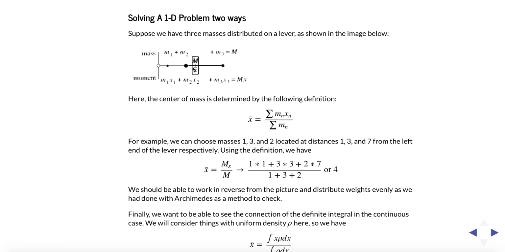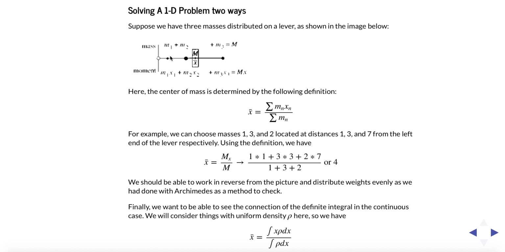So if we have 3 masses spread out along some sort of lever arm, the center of mass will be where the sum of the moments, the masses times the distance, divided by the total mass of the system. That's going to be the coordinate.